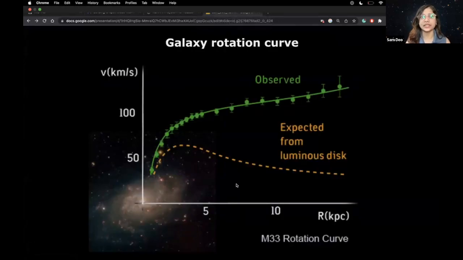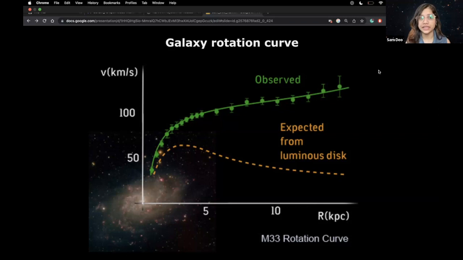So this is the galaxy rotation curve, where the velocity is graphed as observed and as expected from the luminous disk. As we can see, the velocity is not slowing as we go far. The green one is the observed galaxy rotation curve.